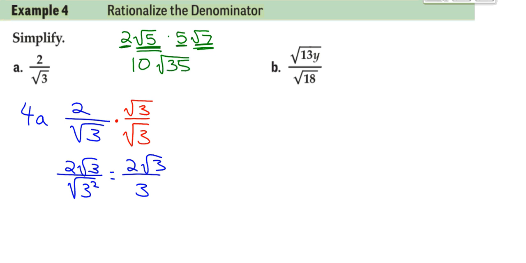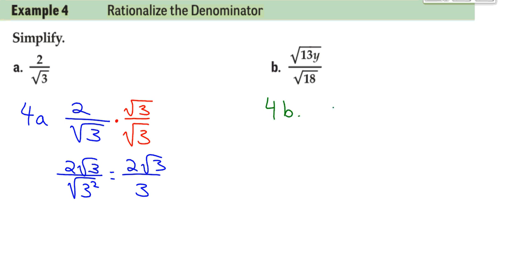And notice 5 is prime, 7 is prime, so 35 is not going to have any perfect square factors. So just keep that in mind. You can multiply and divide things inside the radical with things inside the radical and things outside the radical with things outside the radical.